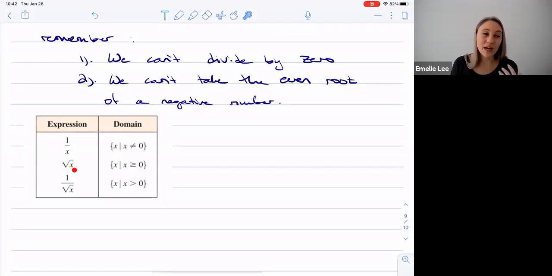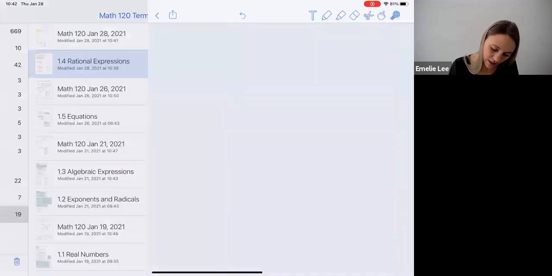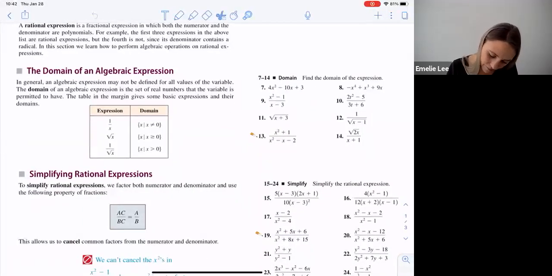Here, we're saying, okay, I can't take the square root of a negative number, so x has to be greater than or equal to 0. I can take the square root of 0. Whereas here, if the root is in the denominator, then I need to combine the two, right? I can't take the square root of a negative, but I also can't divide by 0, so I need to extract the x equals 0 option, right? Because then I would be dividing. So here we're doing a combination of the first two. Okay, so let's do some practice finding the domain.